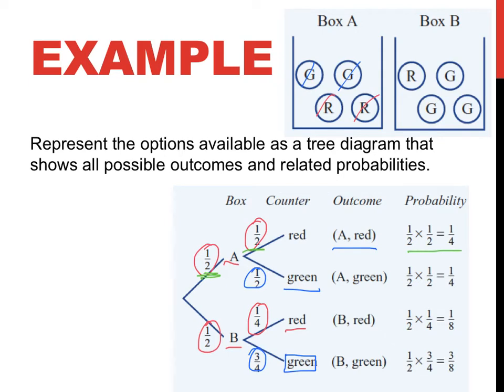Selecting a green counter from box A, a half times a half, a quarter. The probability of selecting a red counter from box B is a half times a quarter, which is 1/8. And the probability of selecting a green from box B is a half times 3/4, which is 3/8. All I've done is multiply my fractions along the line to work out the probability.